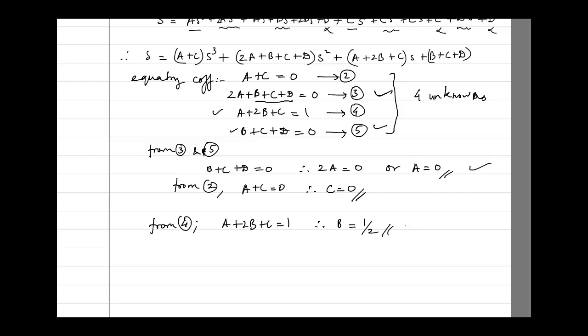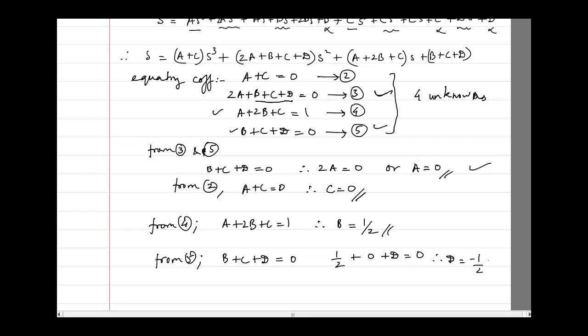If that is all known, then the only need is to find D. So from 5, B plus C plus D, where B is 1 by 2 plus C is 0, plus D is equal to 0. Therefore D is equal to minus 1 by 2. So I have found the values of A, B, C and D.